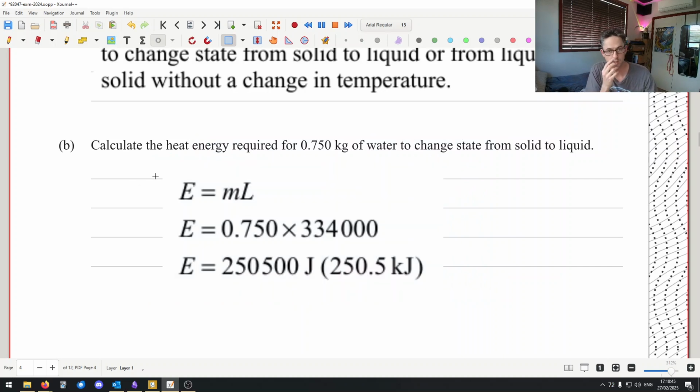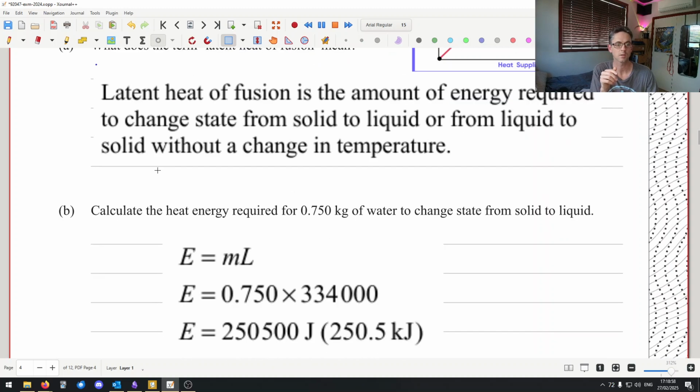The heat energy required to change it from a solid to a liquid, or the energy you want to get it back out from liquid back to solid, is this equation here. So the capital L represents the latent heat of fusion, and little m is the mass, and you'll get something like this. This is just an Achieved tick.